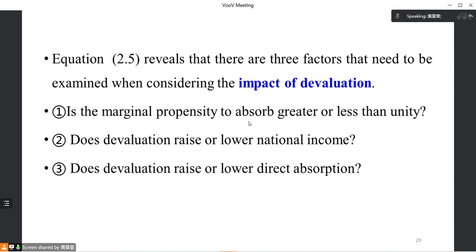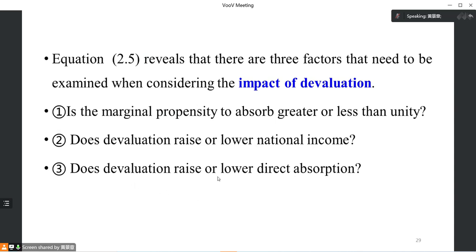is the marginal propensity to absorb greater or less than unity? Unity means one. Second, does devaluation raise or lower national income?